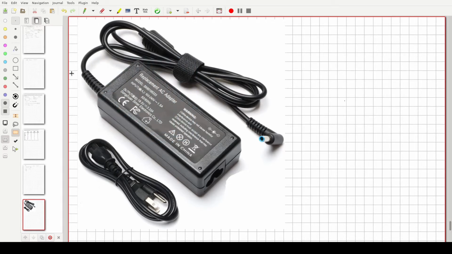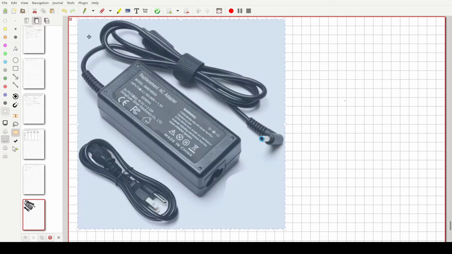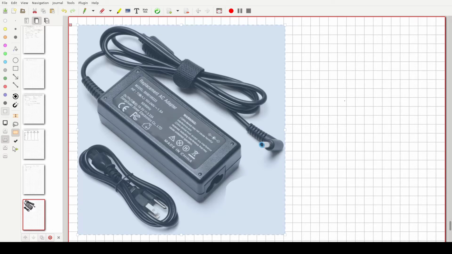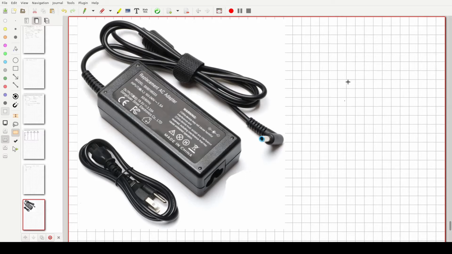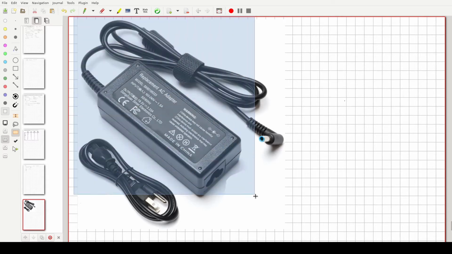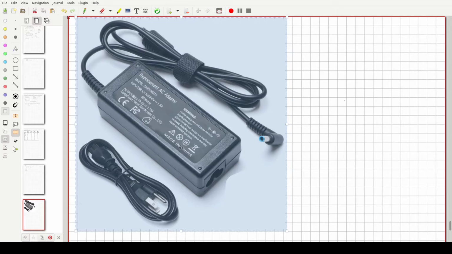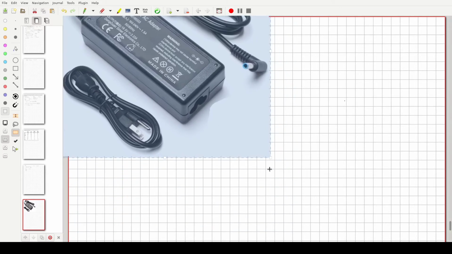I may or may not be able to, because this is a full picture. Okay, I guess I can't. There we go.